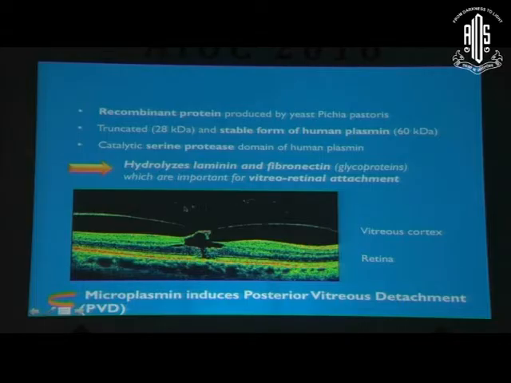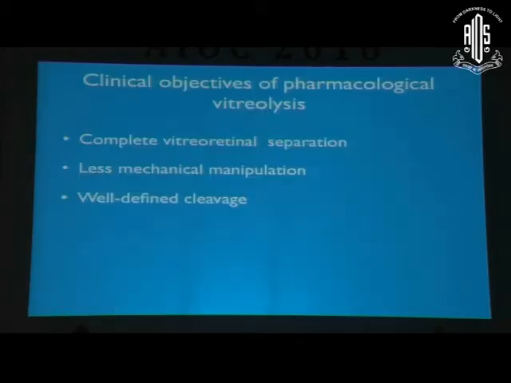So apart from the liquefaction, if you have any vitreomacular adhesion, like in the trial for ocriplasmin, they had patients with vitreomacular adhesion, all patients who had less than 400 microns of macular hole. So those patients were the ideal candidates, and patients who had coexisting ERM were not good candidates for this treatment.